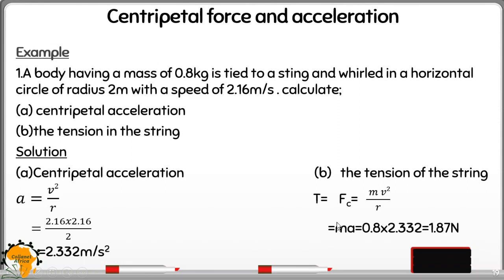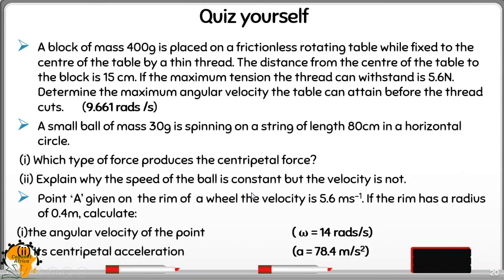Therefore, this is the same as saying Fc, that is our centripetal force, is equal to ma. Our m is 0.8 kg. Our a we have just calculated as 2.332 meters per second squared. So multiplying the two using your calculators, you will get that your tension is 1.87 newtons.